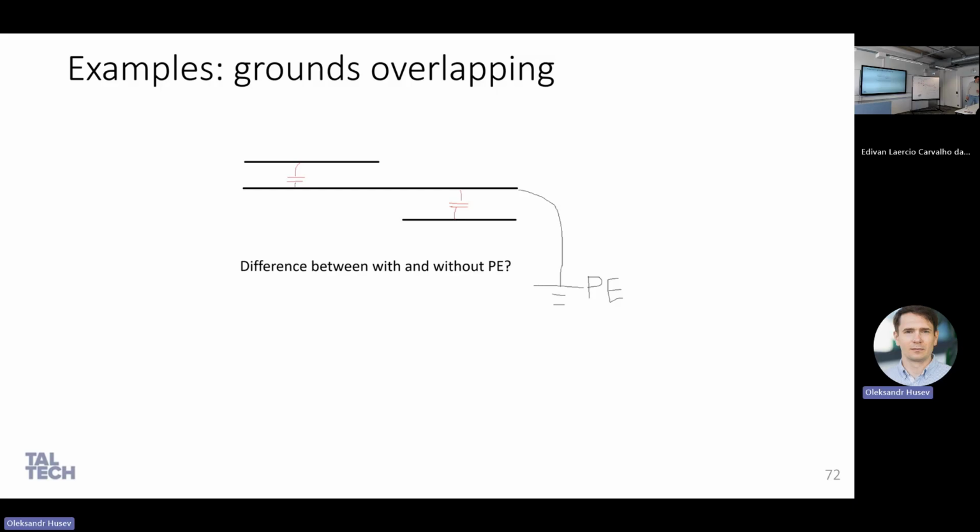The capacitance is very much increased because of that. Because of PE or just a layer? First case, this is just a layer, not connected to any protection ground. Larger, smaller, zero?